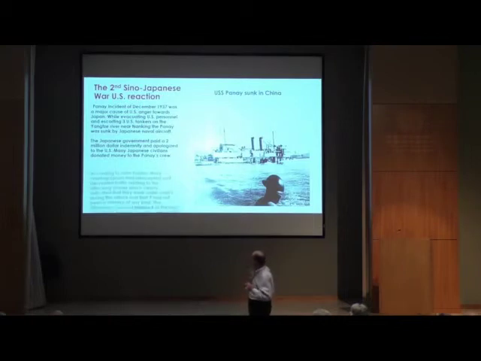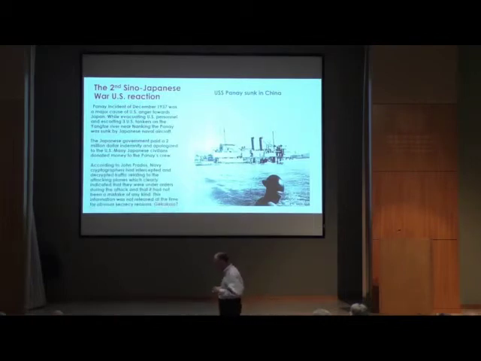But according to John Prados, the U.S. cryptographers are incredibly good. We are reading Japanese codes again, and we have read the Japanese naval code where these Japanese naval aircraft were told to bomb the Panay.